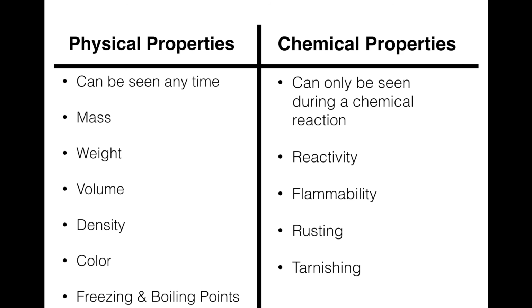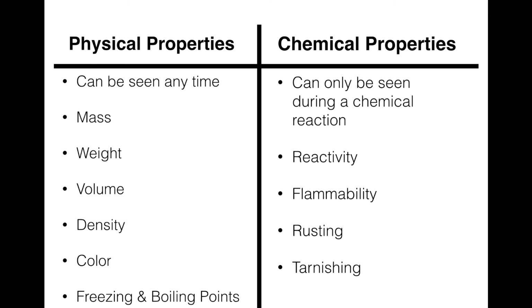Chemical properties are a very small set of properties of matter, but they're very important. They can only be seen directly during a chemical reaction. We can view them indirectly. We can figure out some stuff about the chemicals and figure out some chemical properties. The chemical properties we talked about are reactivity, flammability, rusting, and tarnishing.